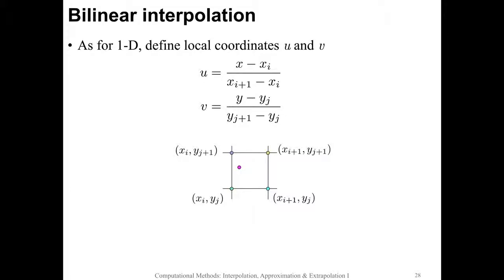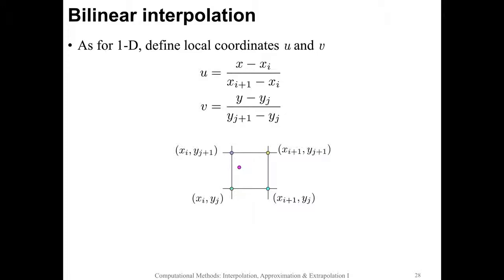So, in order to actually carry out bilinear interpolation practically, we need to do something that we already did when we looked at one-dimensional data. This time we define local coordinates u and v for our 2D grid data. U will depend on the x coordinates and v will depend on the y coordinates.